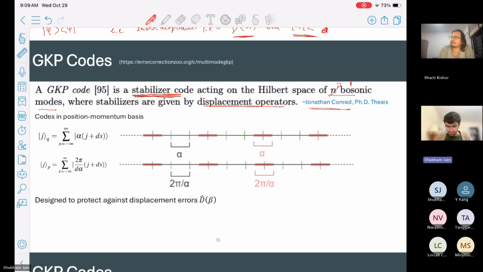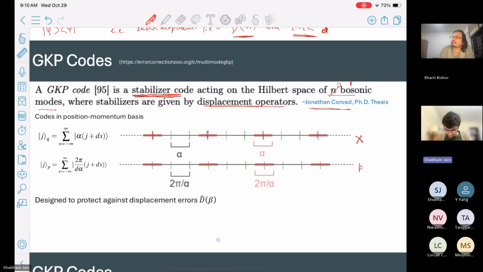Very simply, if we want to view what a GKP code looks like, it is equally spaced points in your x basis or the momentum basis. This is the line which denotes x, and this is the line which denotes the momentum eigenvalues. A GKP code can be defined on either of these, and they are interchangeable; this is just a change of basis. So a simple GKP code is this.